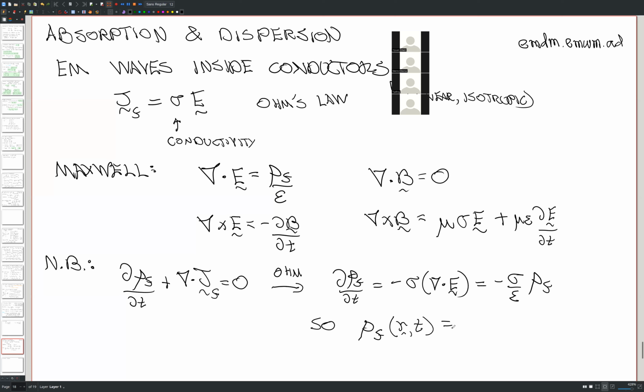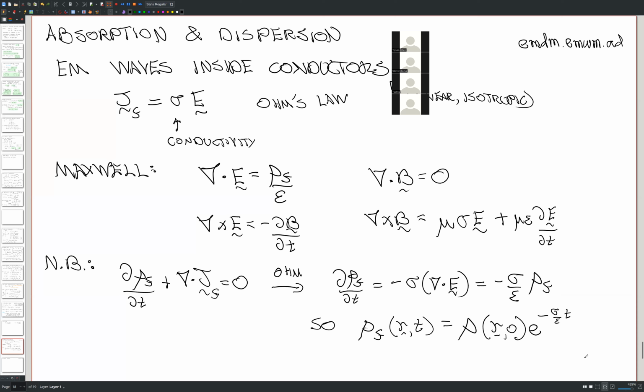So rho free at position r and time t is the density at position r and time 0, times e to the minus sigma over epsilon times t. It decays exponentially in my conductor, which kind of makes sense.